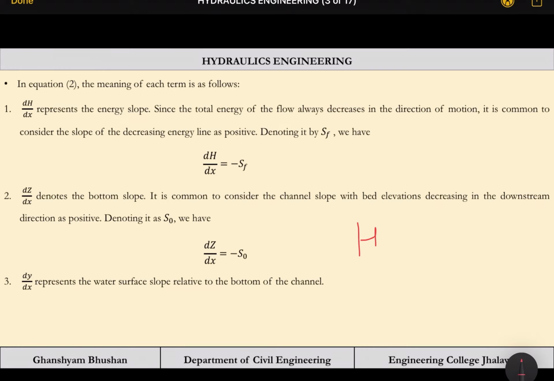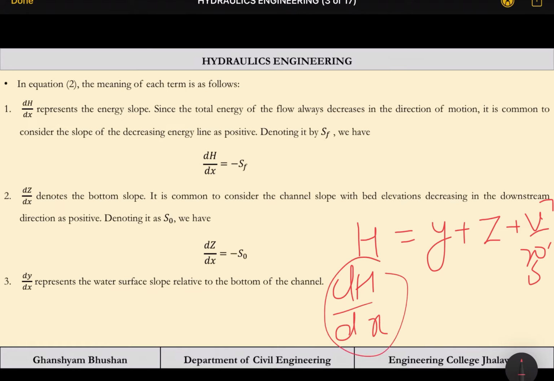H is y plus z plus v square by 2g, the total energy. If we differentiate it with respect to x, it will show the change in energy, or the slope of the energy curve. Whatever energy curve is there, dH by dx will show the slope of that particular curve.